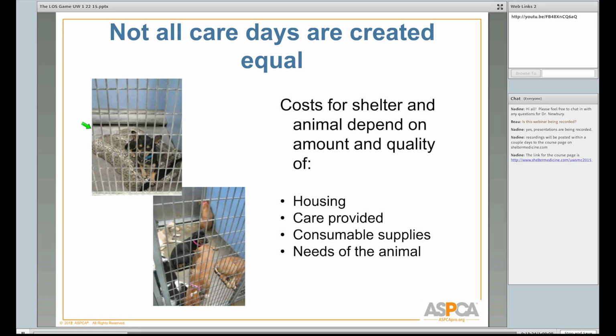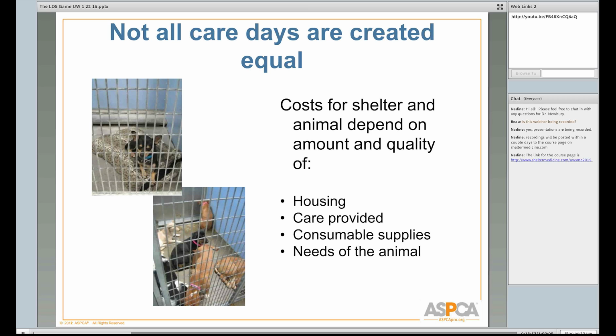We know that these experiences are different, and we can understand that the risks of infectious disease, of aggression, of everything else happening in this kennel are dramatically reduced in the kennel above. And so by having fewer animals in the shelter at any given time, in most cases we really increase the likelihood of live placement, which is what we're working for, right?